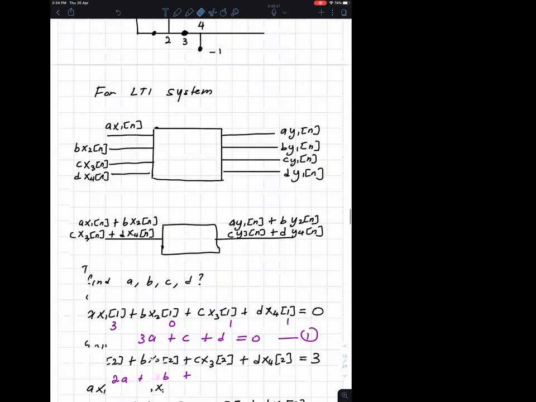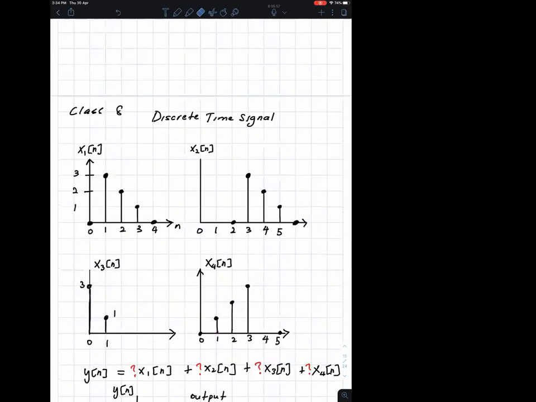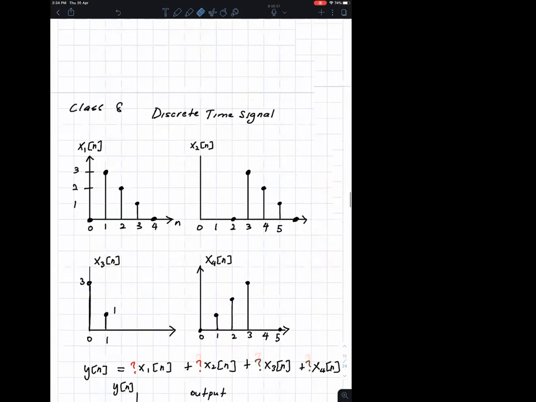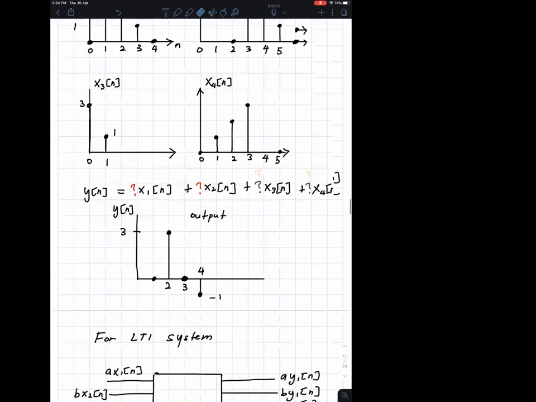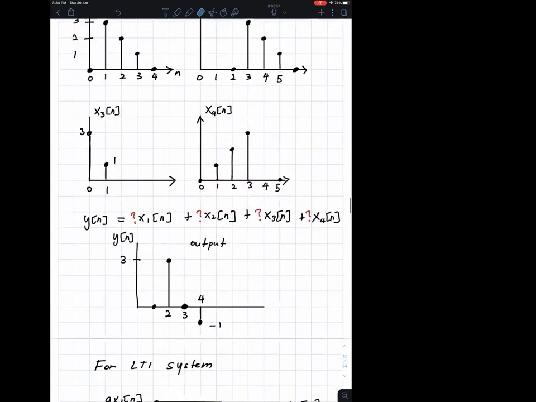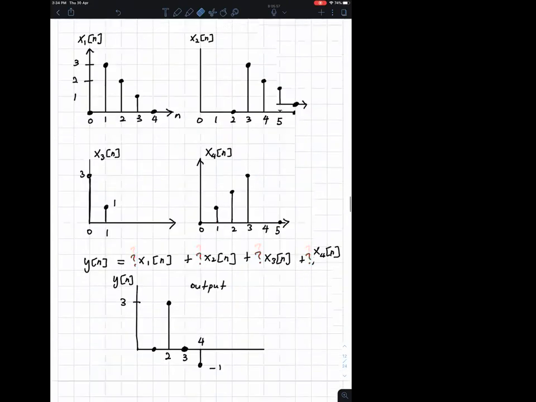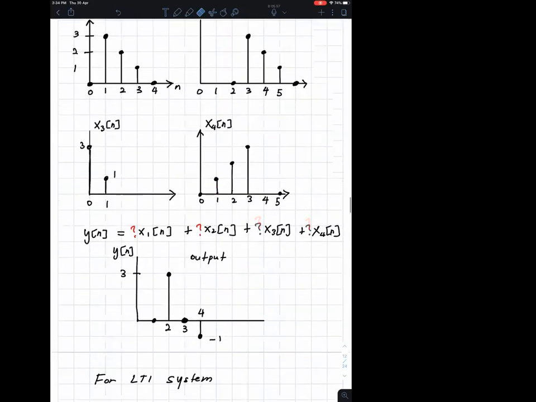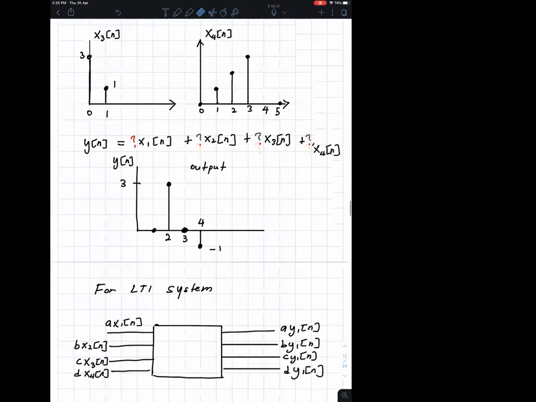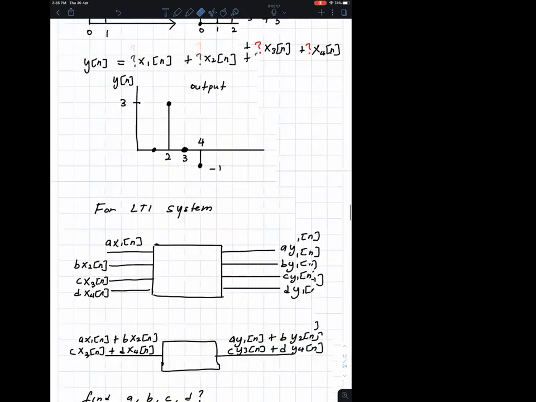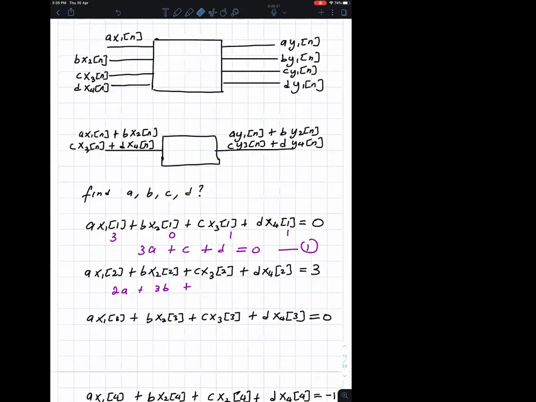It's going to be 2, 0, 2, 0, 0, 2, right? x1, 2 is 2. And the next one, x2, 2 is 0.